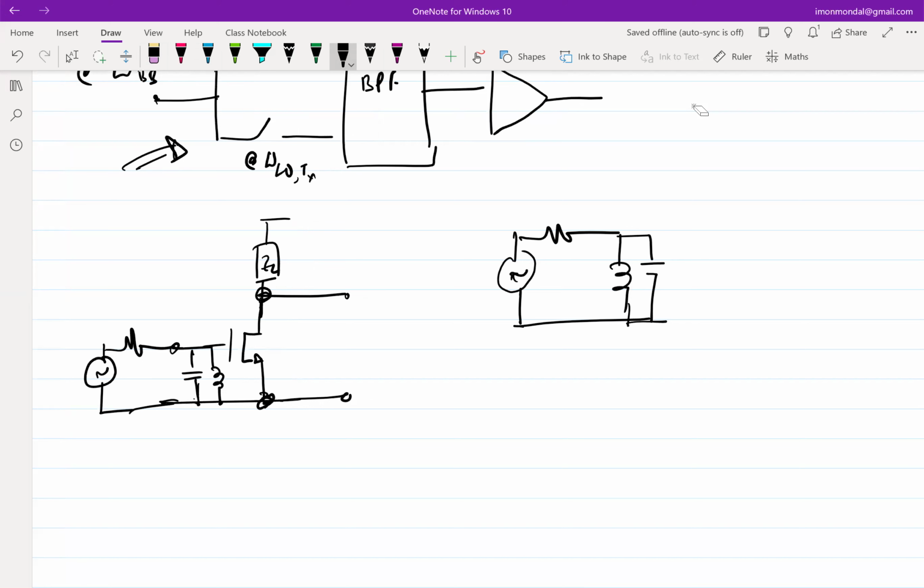At steady state, at resonance, does a capacitor have a current? It has, right? Yeah, so it has. So that loss has to be compensated. Who is going to compensate for the loss? The source.